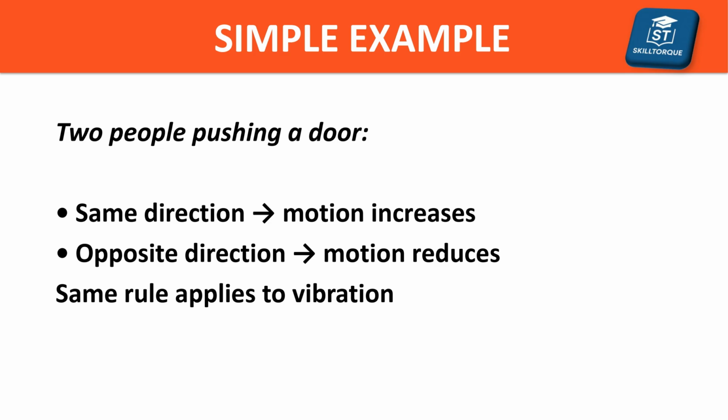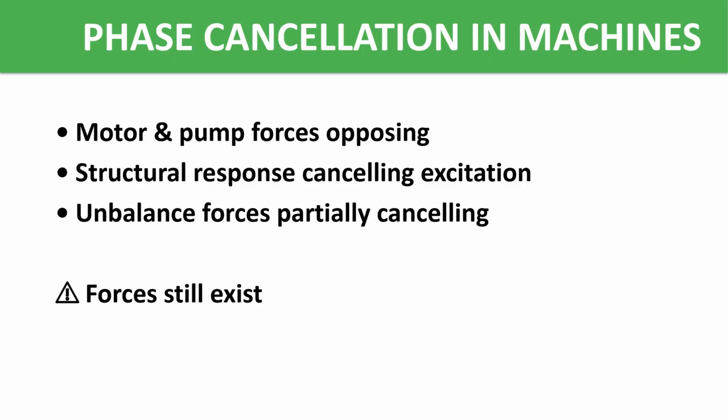In rotating machines, phase cancellation can happen due to, let's say, motor and pump forces opposing each other, or the structural response opposing the excitation, or multiple unbalanced forces partially cancelling each other.